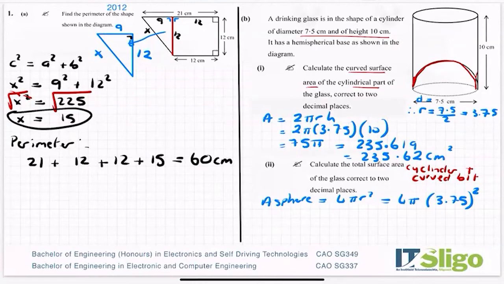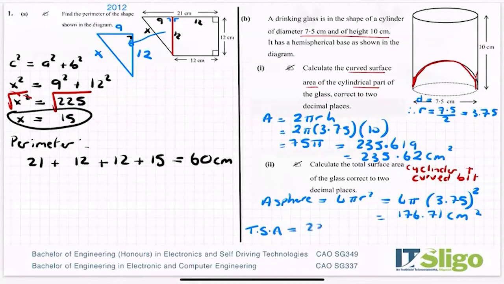Oh, sorry, I did cubed instead of squared. So 4 pi times 3.75 squared. So I'm getting 176.71 centimeters squared.